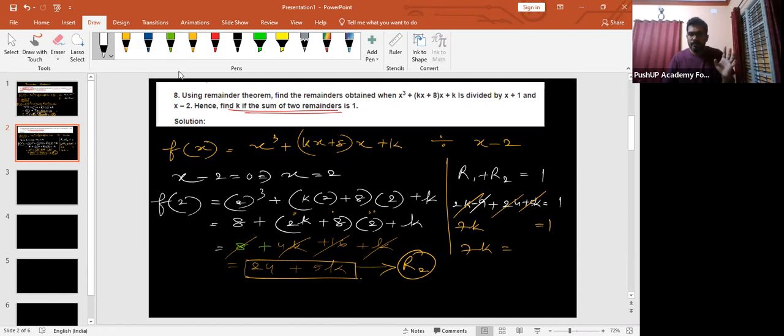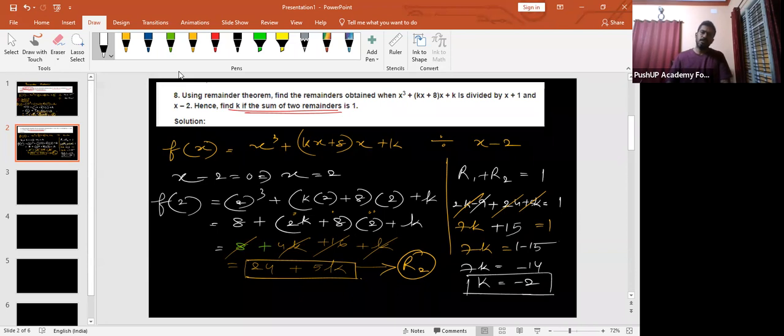Then 24 minus 9 is what? 15, right? So 7k plus 15 is equal to 1. 7k is equal to 1 minus 15. 7k is equal to minus 14. k is equal to minus 2. k is equal to minus 2. Easy. Very good, children. I think many of them got it.